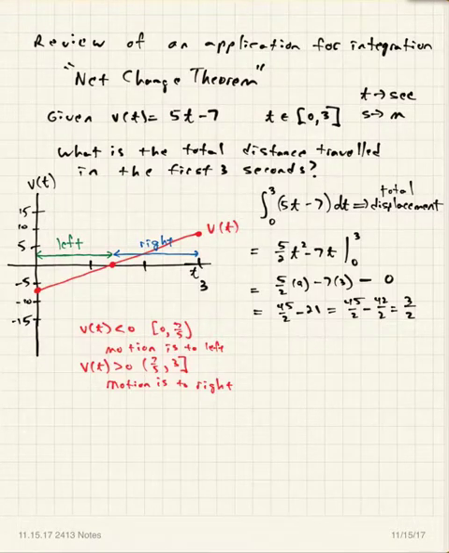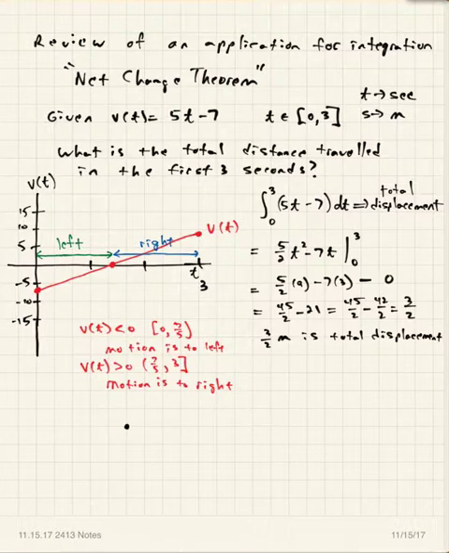So that 3/2 of a meter is the total displacement. That means that is how much the object's position has changed from time 0 to time 3. So it ends at 3/2 of a meter to the right of where it started.